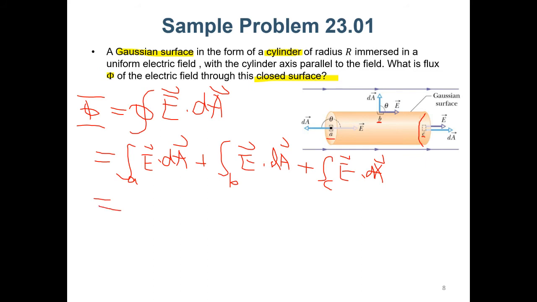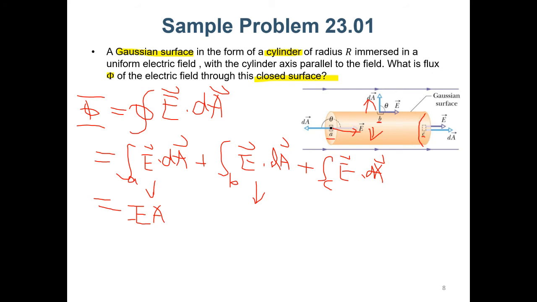Actually the E field is pointing to the right side. So for part A, E is pointing to this side, dA is pointing to that side, and E is constant across this area. So this one is nothing but negative EA. And for the side, dA should be pointing outward.